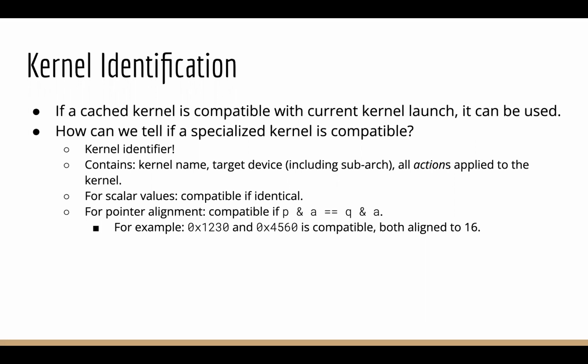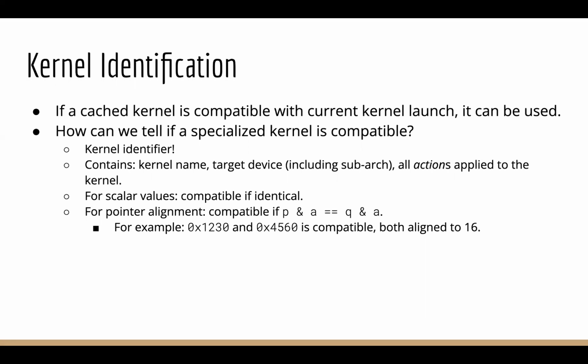But what if, for the same kernel entry, but in different kernel launches, there are always some... Oh, sorry, before I talk about that, let me first talk about how we can say whether a kernel is compatible with the current run. So we introduced a concept called the kernel identifier. The kernel identifier includes the kernel name and target device, including the sub-architecture, and all of the optimizations and specializations applied to the kernel.